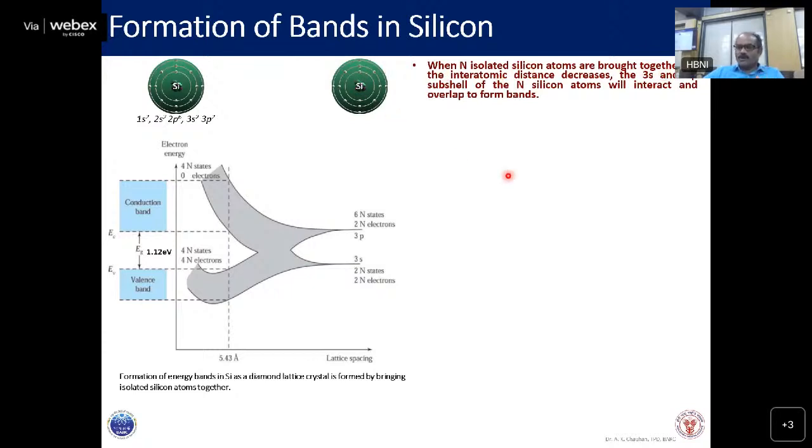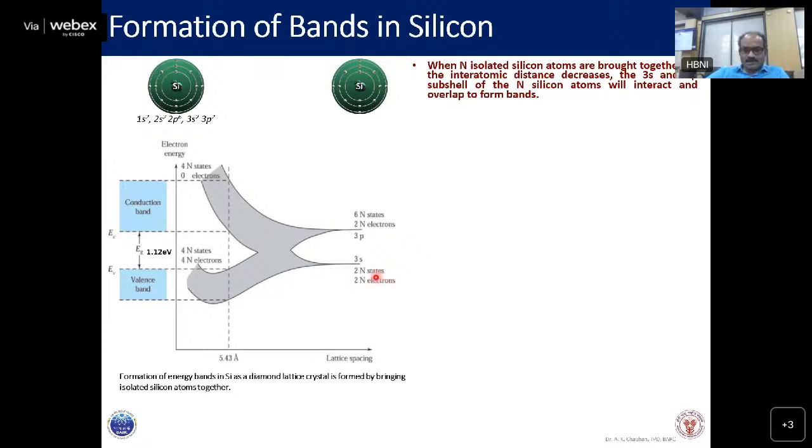So right now the distance is slightly higher. If the distance is very large, in that case each silicon atom will have its own energy levels. They have not yet started interacting with each other.